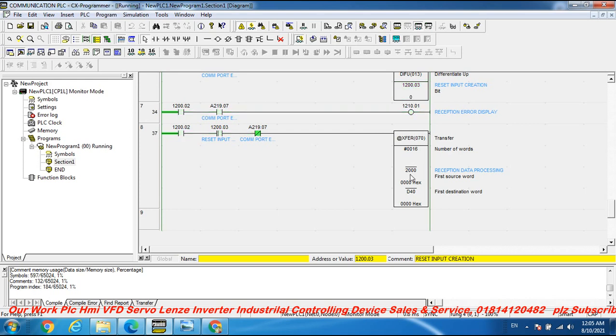If there is no reception processing, completion error. The 16 words of data received from word 2000 are stored at D14 onward.